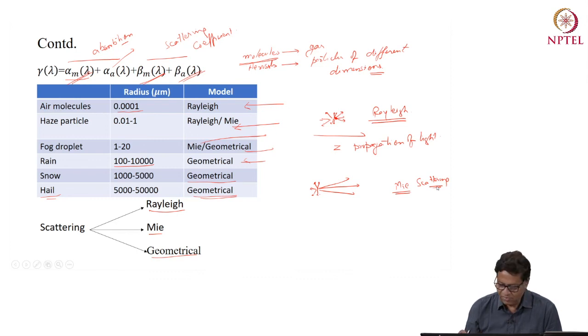And the third one, where you have small background lobes and a higher amount of forward lobe, is actually termed diffraction or geometrical scattering.